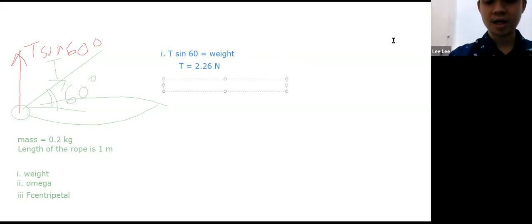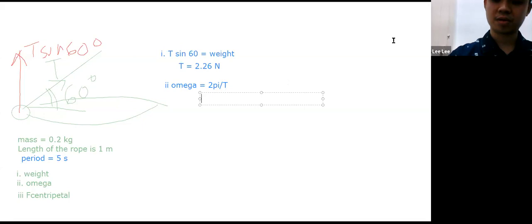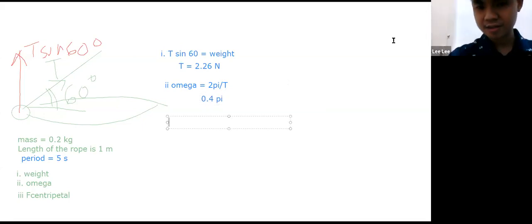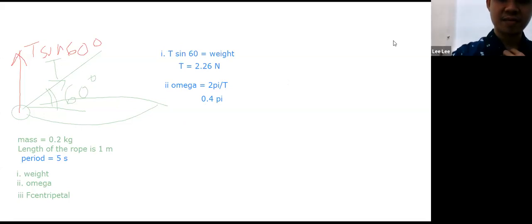Then for the omega, 2 pi over period, right? Let's say the period is, for example, 5 seconds. So it means you get 0.45. Everybody understand here? To find the centripetal force, the centripetal force is given by what?